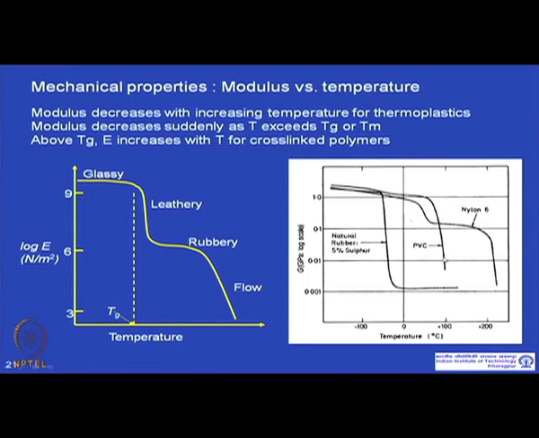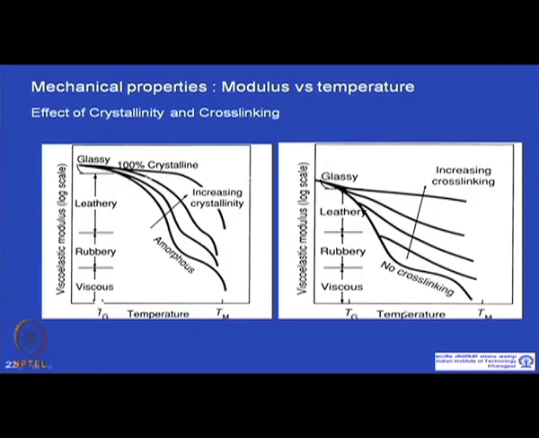So, the modulus drops after Tg, and this is a rubber with cross linking. It drops after Tg, but because of the presence of cross linking, the modulus does not drop significantly after a value.